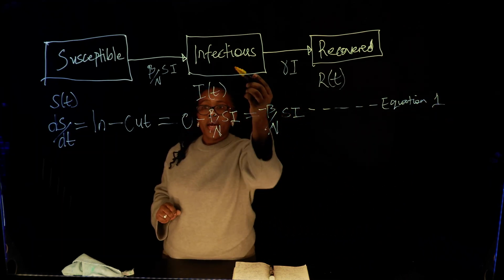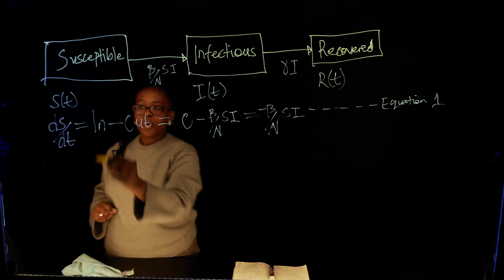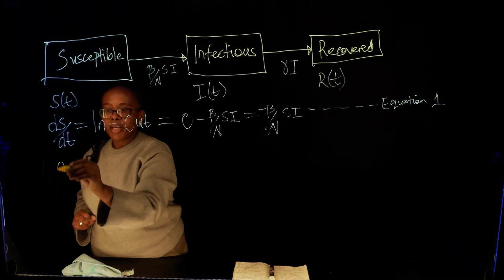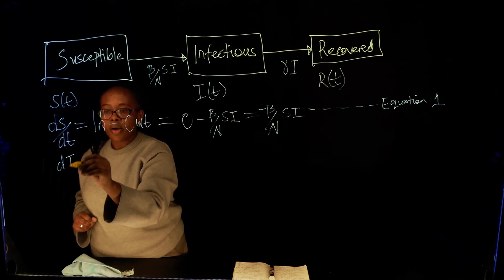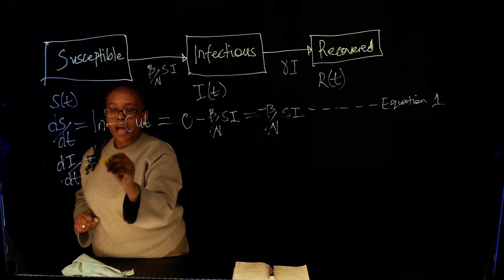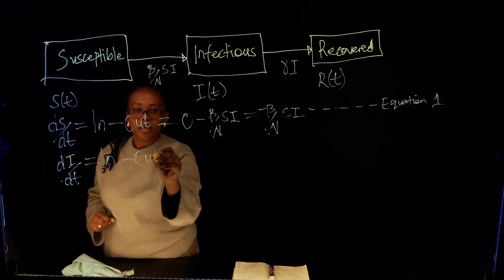And then we get to the infectious compartment, and we look at those that get into it and those that get out of it with respect to time. That is in minus out.